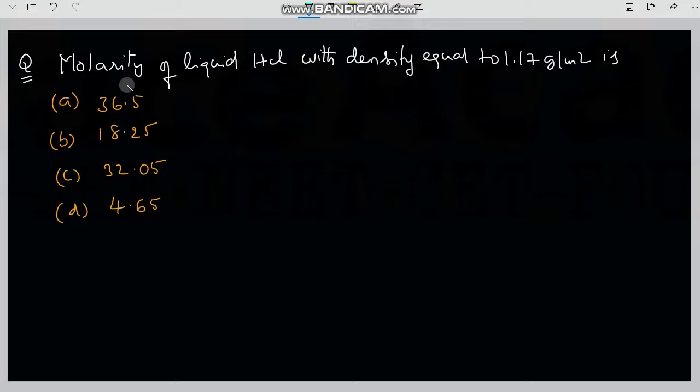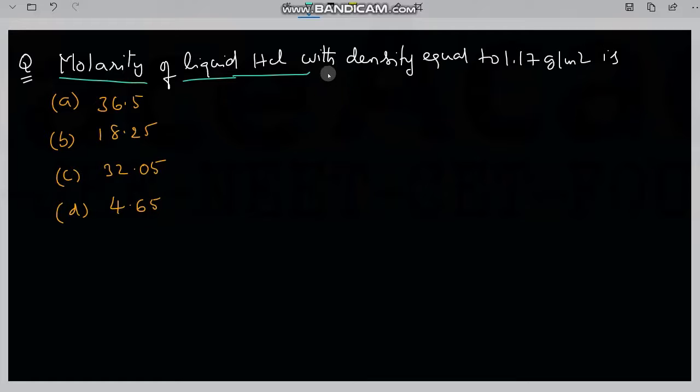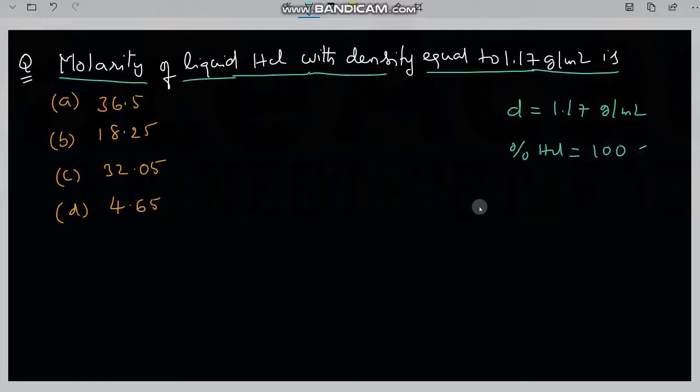Let us see this question. Molarity of a liquid HCl with density equal to 1.17 grams per ml is. Whenever they give it like this, we can assume the percentage of this HCl equals 100. So the density is multiplied with the percentage in the formula.